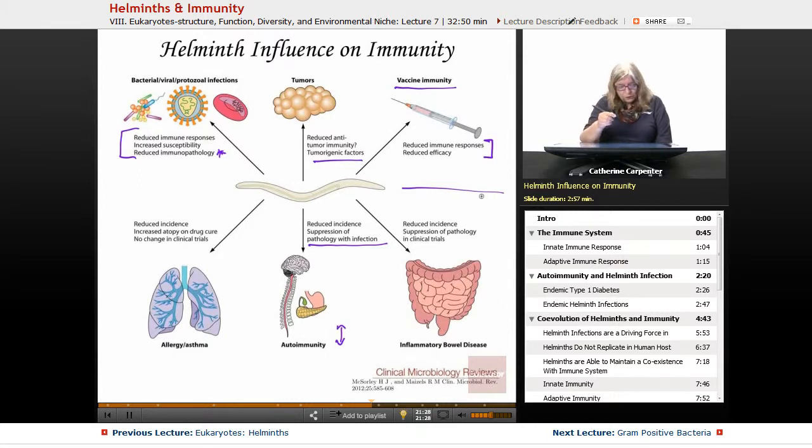And everything below the worm is actually good. With these helminth infections, the asthma and allergy responses are improved, and autoimmune diseases, Crohn's disease, type 1 diabetes, thyroid disease are improved. And in terms of inflammatory bowel diseases, as I told you, Crohn's disease is an autoimmune inflammatory bowel disease. That disease is actually improved when the individual is infected with these helminths.